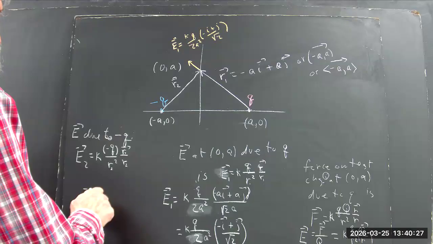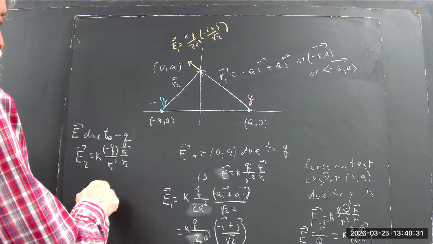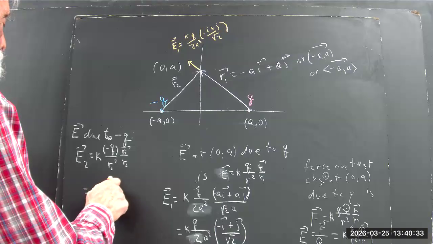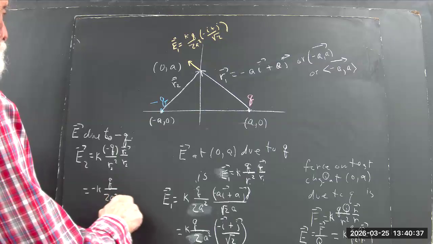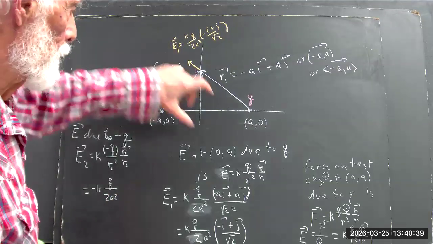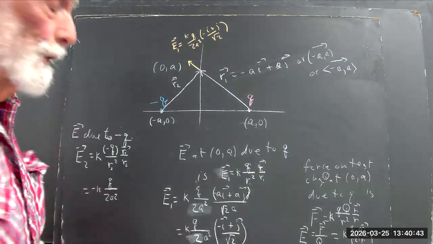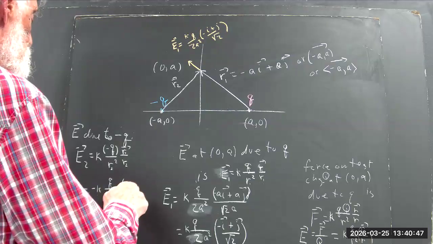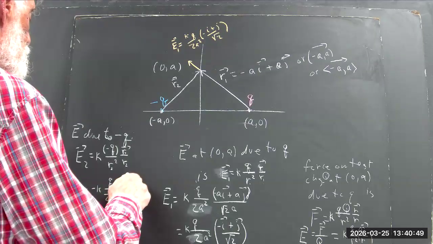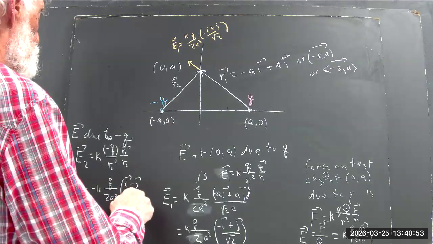Well, that's going to equal negative k times q over 2a squared, because this vector obviously has the same magnitude as the other, with legs of equal length, but the unit vector is going to be i minus j over the square root of 2.